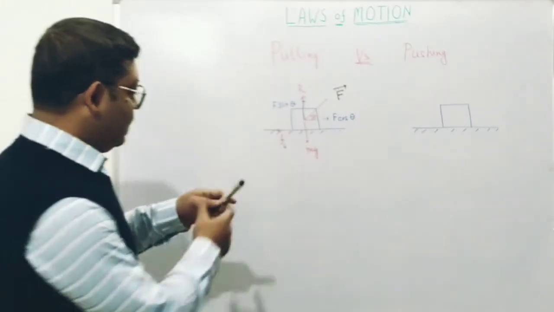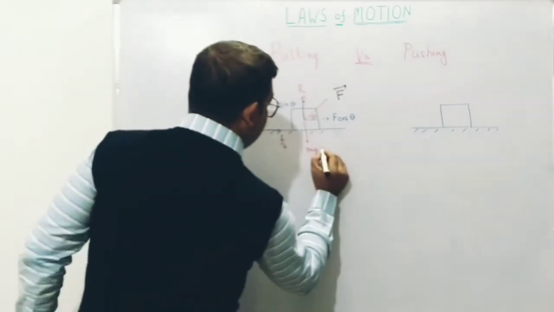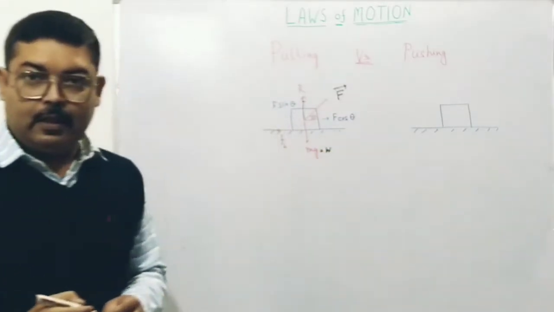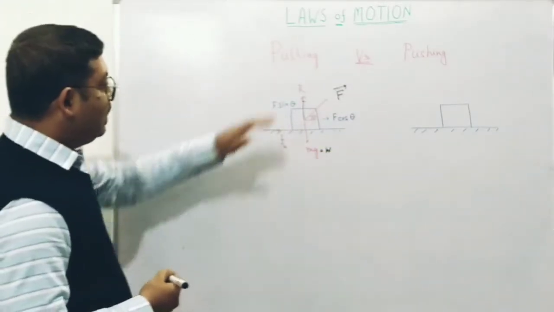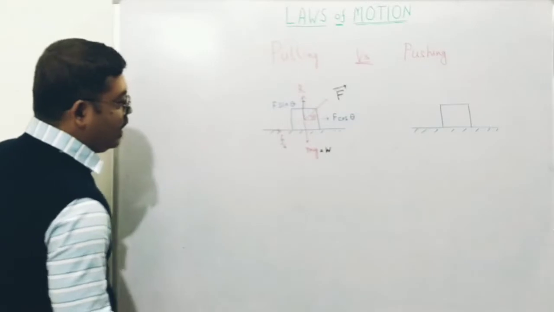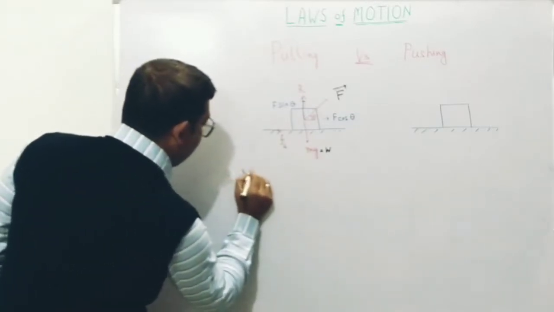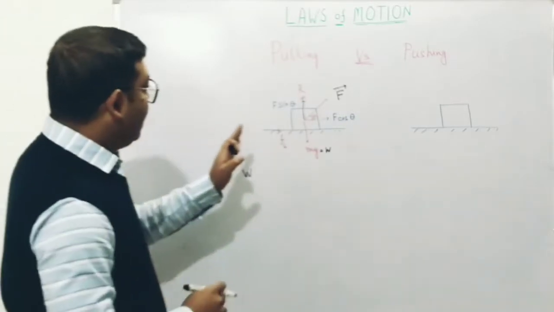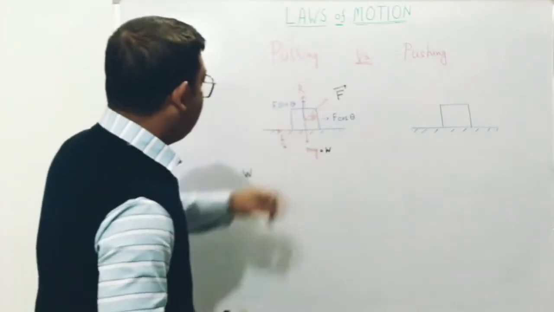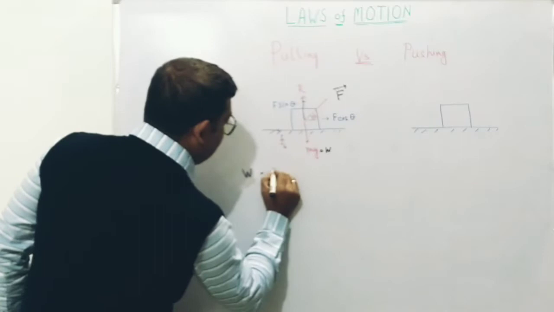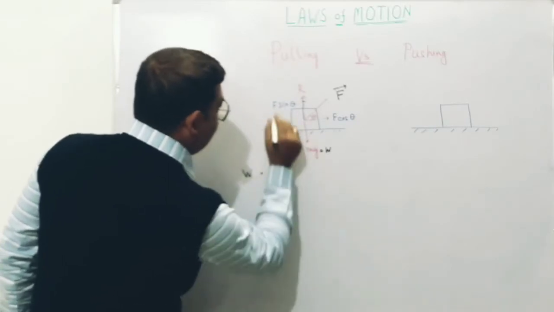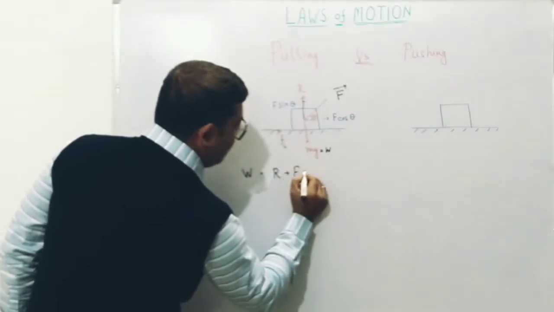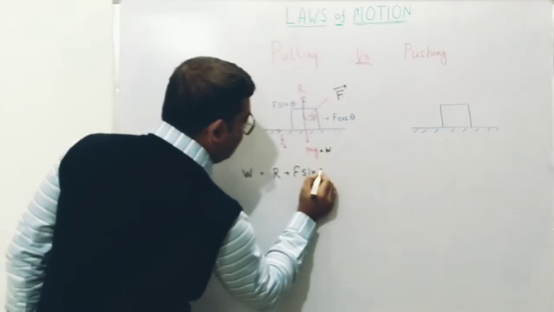Let's call mg equal to W, the weight of the object. If we see the vertical direction, what are the different forces acting? There is one force W, the weight of the object, acting vertically downwards. Then there are two forces acting vertically upwards, which are the normal reaction and the vertical component of the applied force F, F sin theta.